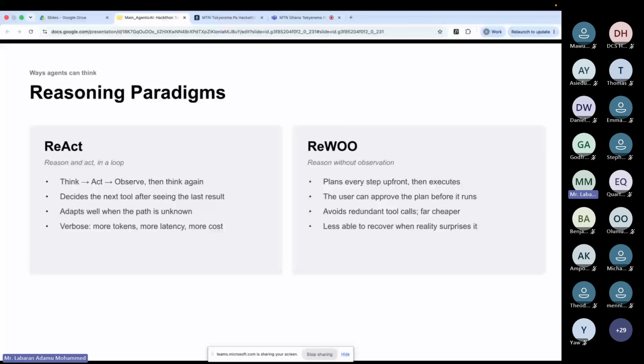It avoids redundant costs and it's far cheaper. The agent will have a full plan: plan A, plan B, plan C. Then the agent starts executing. So these are the reasoning patterns you can adopt when building your agentic system.